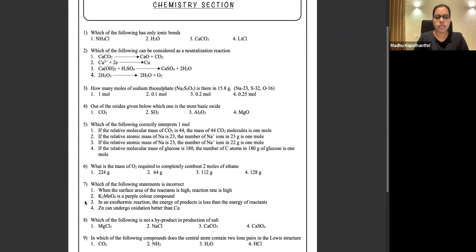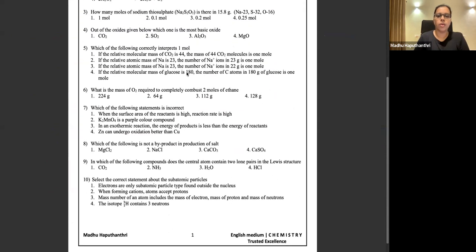So the 6th one is asking, what is the mass of O2, sorry, not CO2, O2 required to completely combust 2 moles of ethane? Now here I have given only the name, right? That means you have to write the formula of ethane. So ethane is an alkane. Alkanes are hydrocarbons.